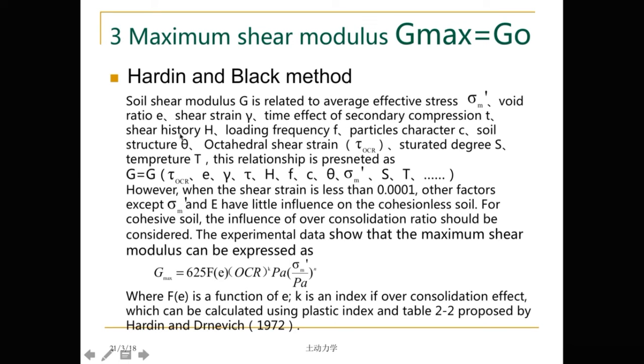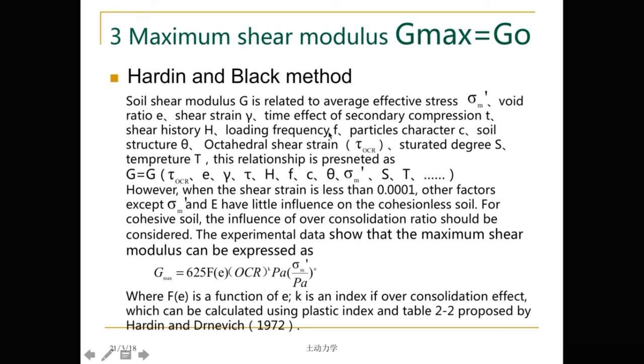And the shear history is the history of the shear stress loading, and different stress paths will cause different deformation. Then we use H here. Our loading frequency, the loading speed will affect the deformation or the stiffness.